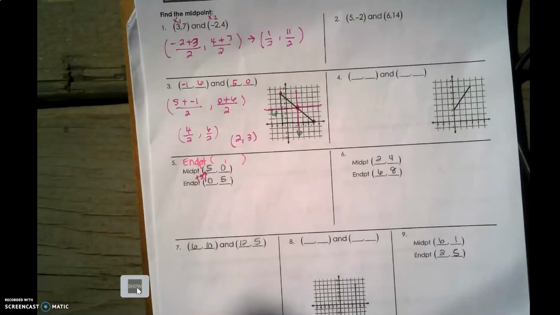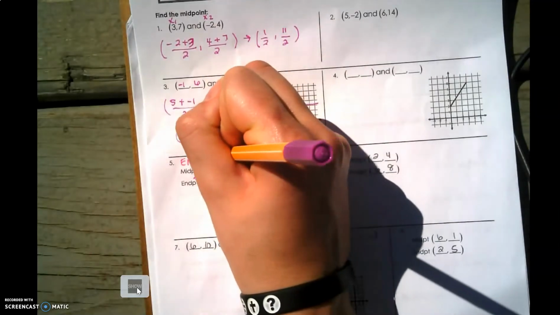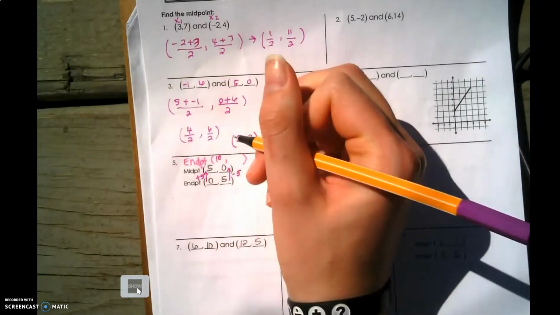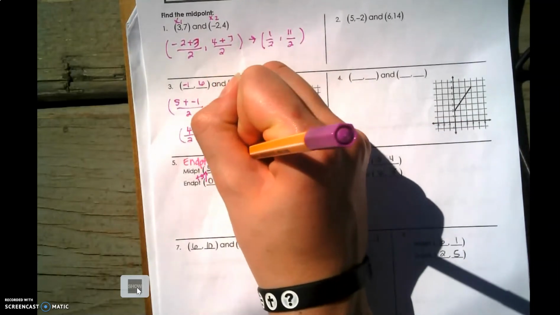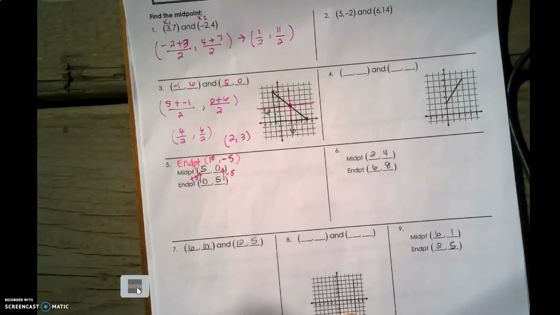So if it's truly the middle, I have to do the same thing in the opposite direction. So I'm going to add 5 more to get 10. On this side, I have to subtract 5. So to keep moving in the opposite direction, I have to subtract 5 more. So there's my other endpoint. So it's looking for a pattern. If you can find the distance to the midpoint, you should use that same distance after that midpoint.